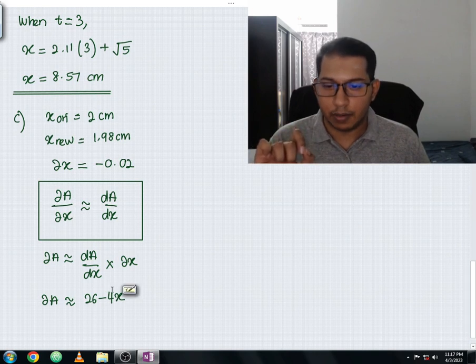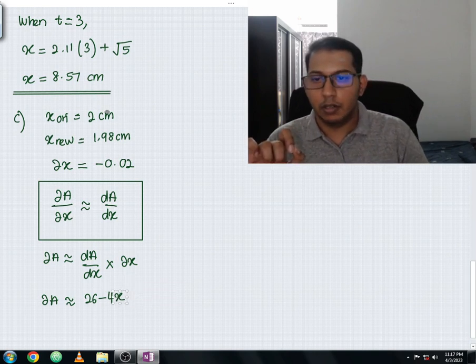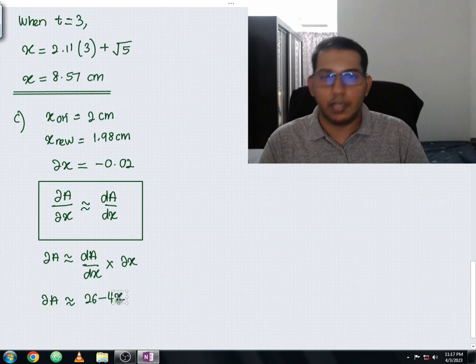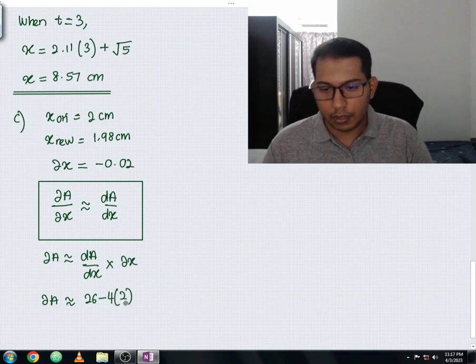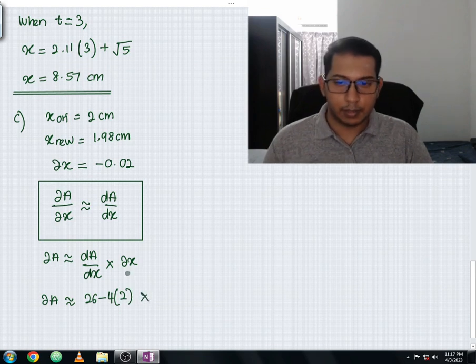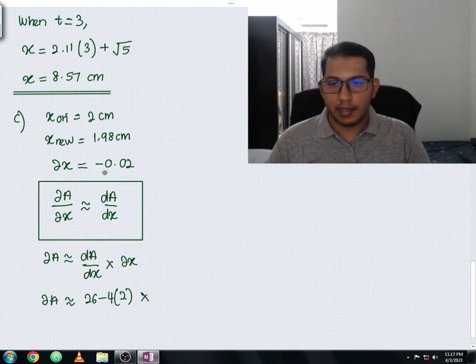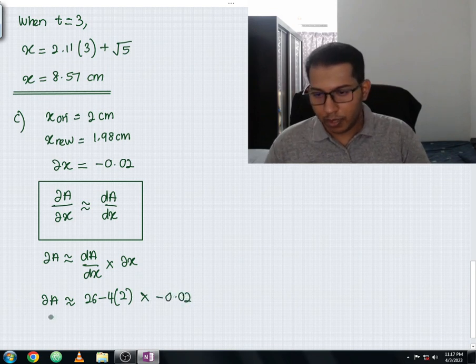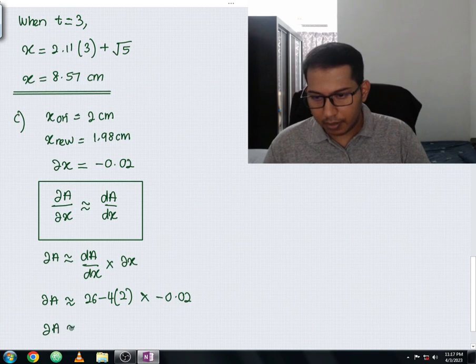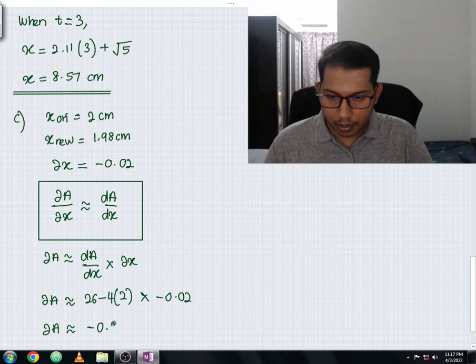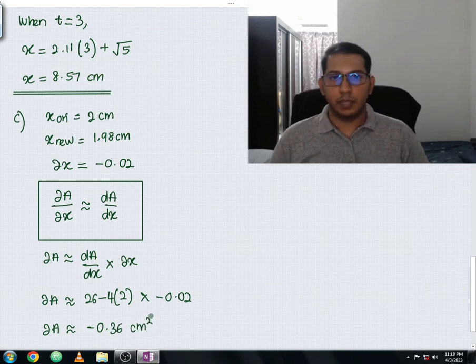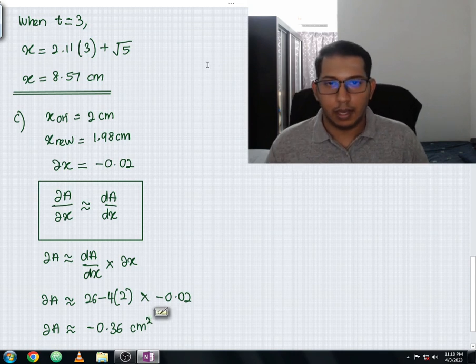In this case the original value is 2 centimeters, so you substitute 2 over here: 26 minus 4 times 2, times delta x, which is negative 0.02. So you get the small change in area, which is approximately equal to negative 0.36 centimeters square. This is your answer for part C.